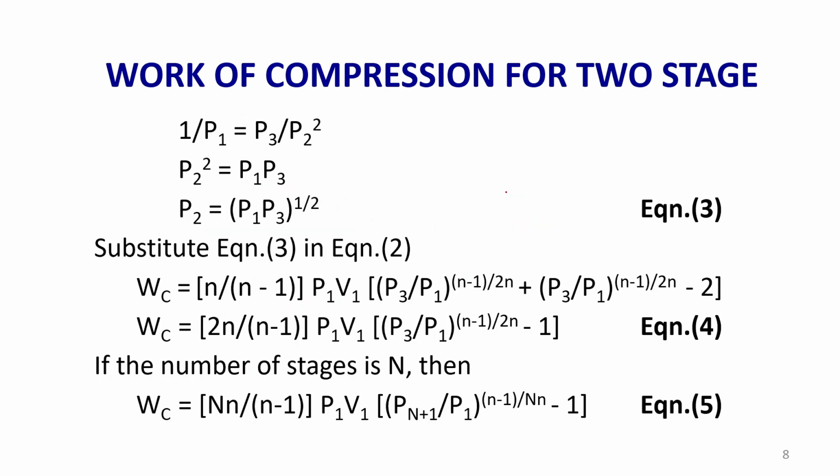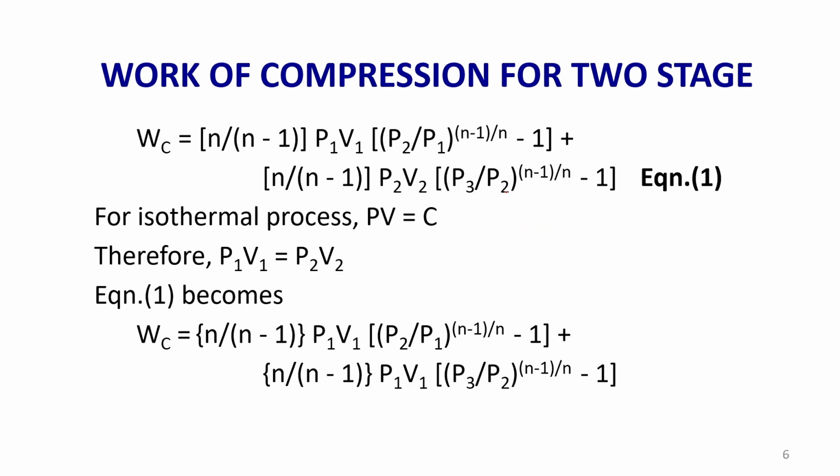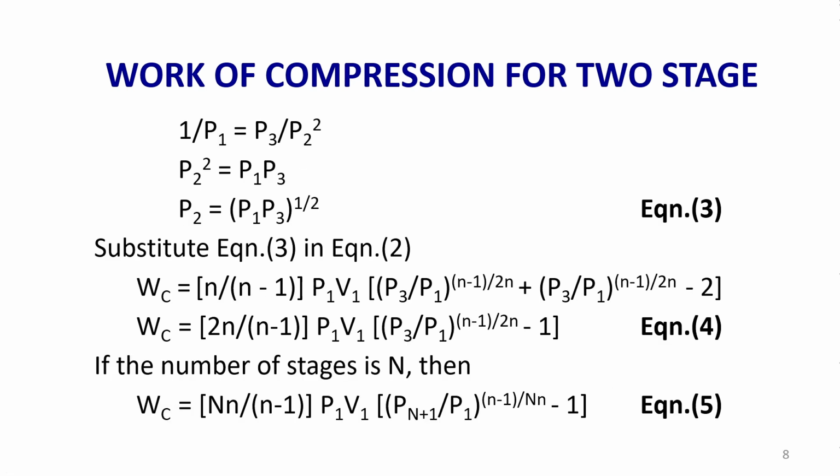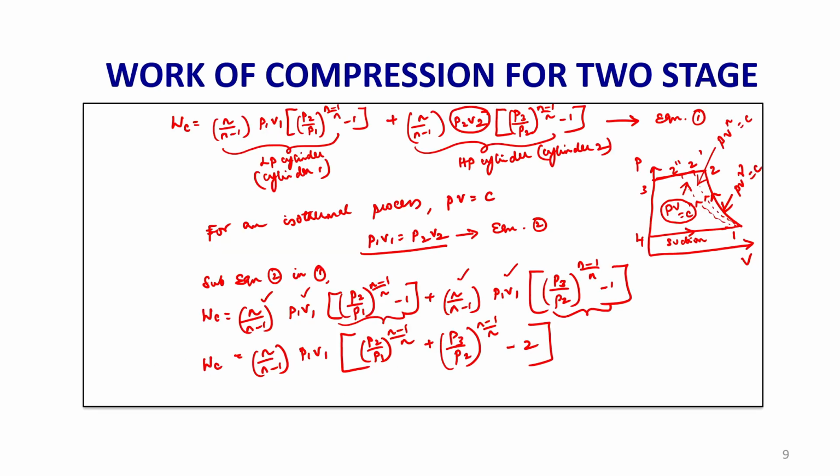What is equation number 2? Let this be equation number 2. Now this will be equation number 3. The optimum pressure which we have found out is equation number 3.